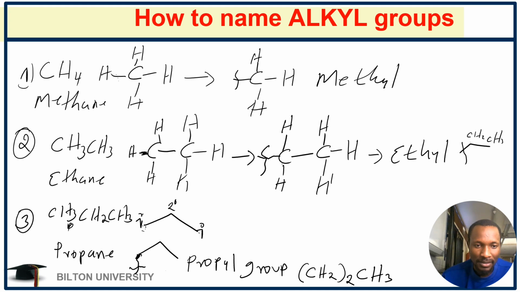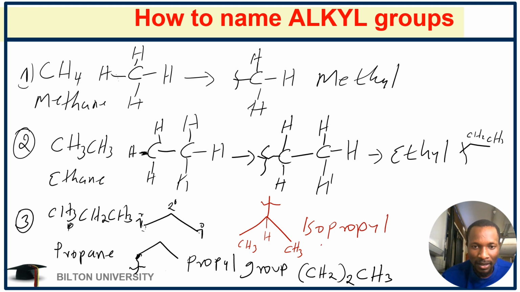What if it happens that now instead of the primary carbon, something else is coming to bond to the secondary carbon? This is still going to leave us with CH3 now in the primary carbon, CH3, but this carbon which has CH2 initially, 1 hydrogen has left, leaving us with 1 hydrogen. So this is what we call isopropyl.